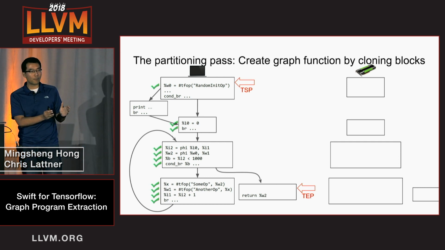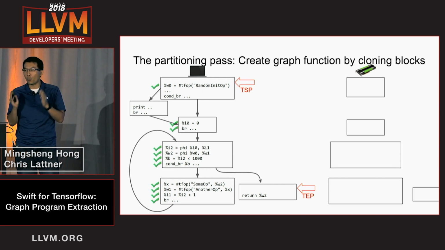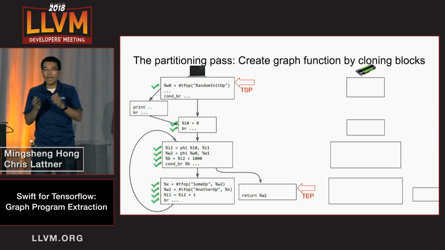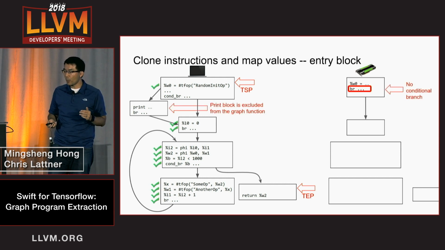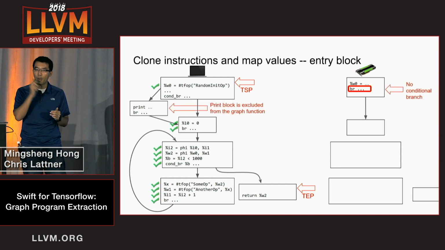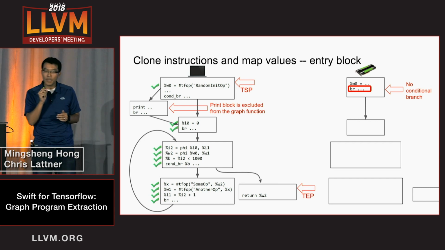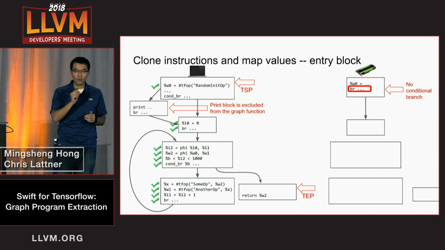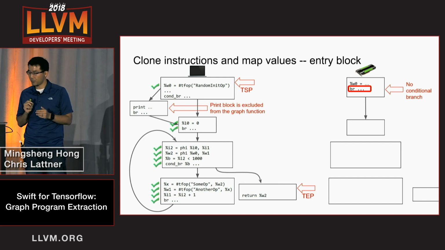Okay, so having done with marking, we're going to do partitioning. The first step there is we're going to establish the CFG structure of the graph function by looking at what blocks we have marked on the host. Now we're going to clone and map over the marked instructions. For the entry block, because the terminator conditional branch is not marked, we need to synthesize an unconditional branch.